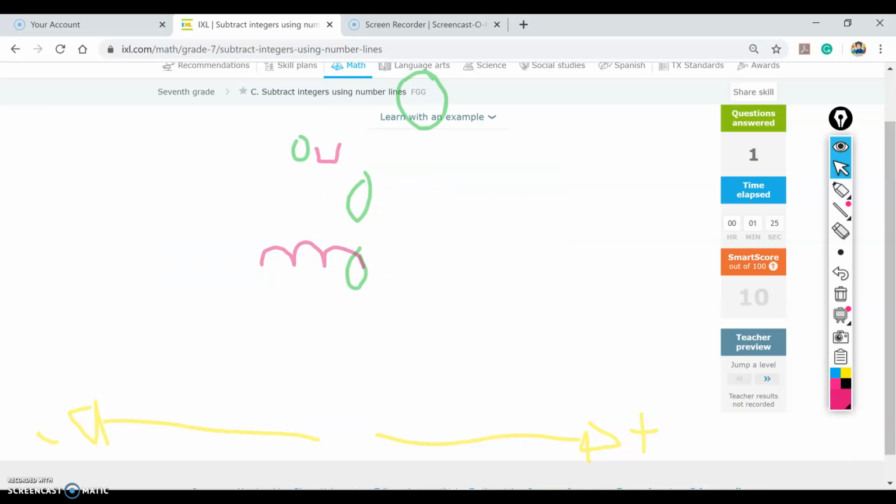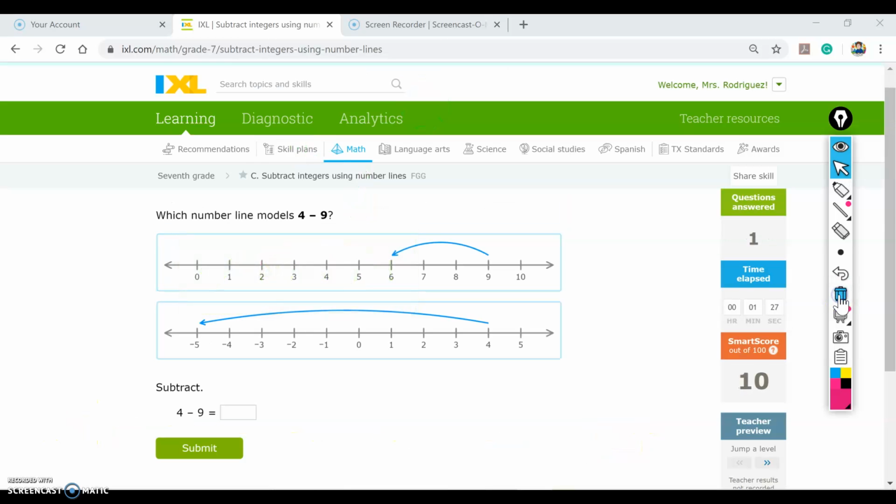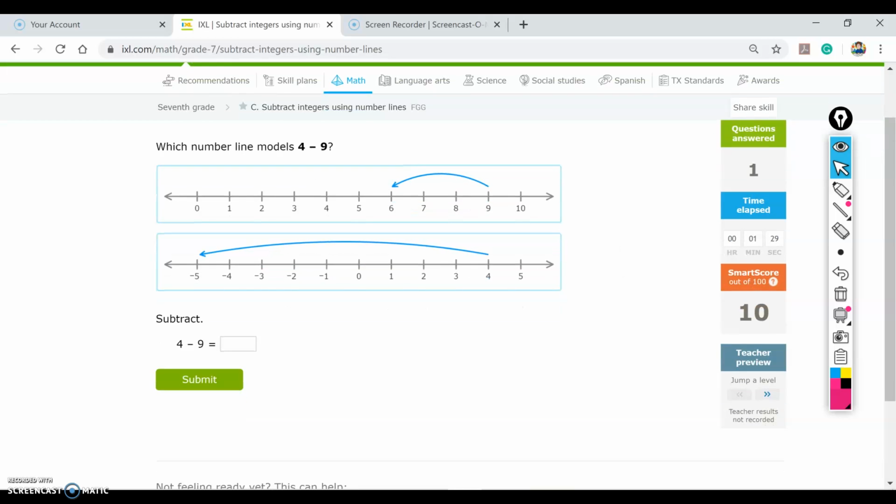Okay, let's see some other examples. Look at this problem here. Start the same way. Check the number that you start on. In this case, I'm starting on 4. Look how the second number line is the only one that starts at 4, so we can automatically eliminate the first one, because it's not even close to what we need. Now it's telling me that I need to do -9.